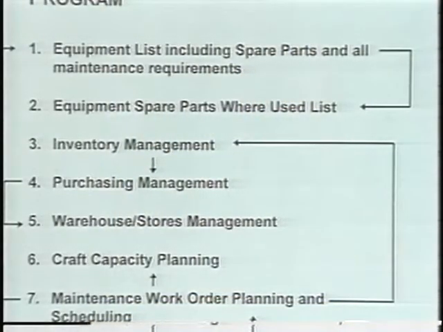Now I want to go up to the first module on the right-hand side, and you see that arrow that comes down to the second module, which is the equipment spare parts wear use list. Well, that is how the spare parts wear use list is generated. Item 1 has the asset or the equipment, and it lists all of the spare parts underneath it that may be used by maintenance at some point in time.